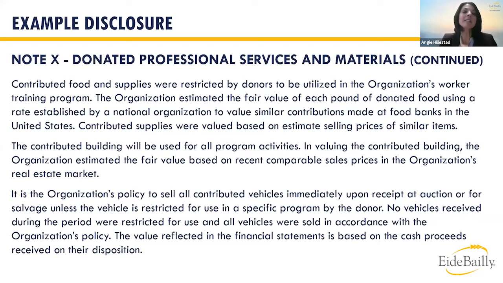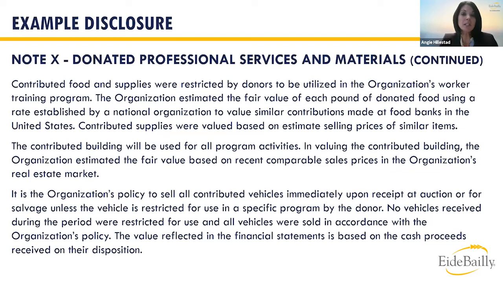And then the very last component to check off on the disclosure changes that we just talked through is that this particular organization has a policy to sell all contributed vehicles immediately upon receipt at auction or for salvage, unless the vehicle is restricted for use in a specific program by the donor.